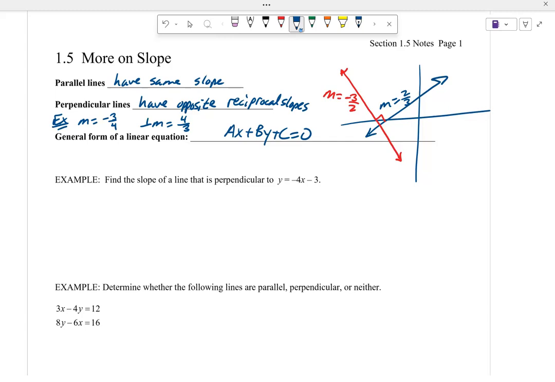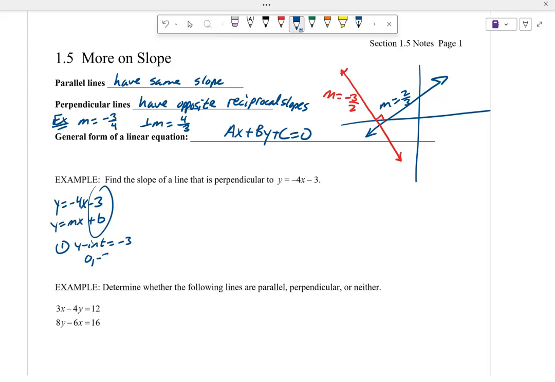Let's find the slope of a line that is perpendicular to, in this first example, y equals -4x minus 3. Let's get a picture of this first. In y equals mx plus b form, our y-intercept is -3, our b value.